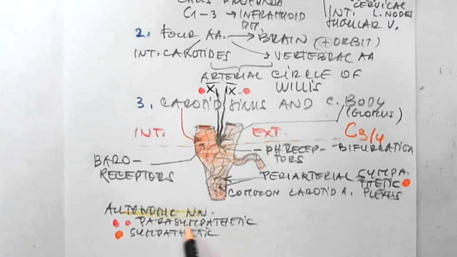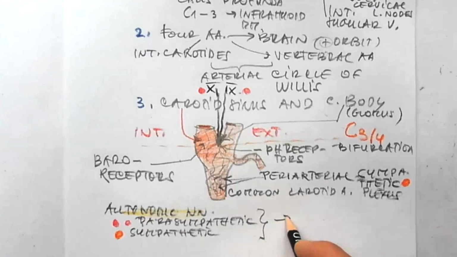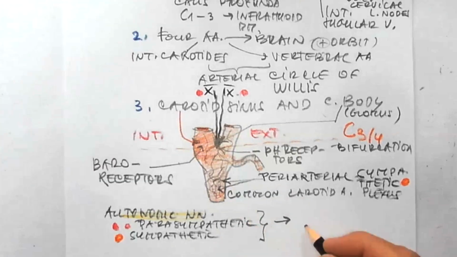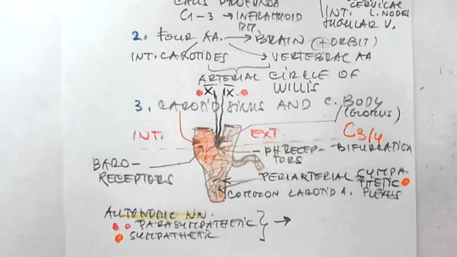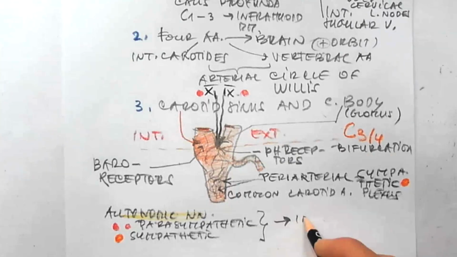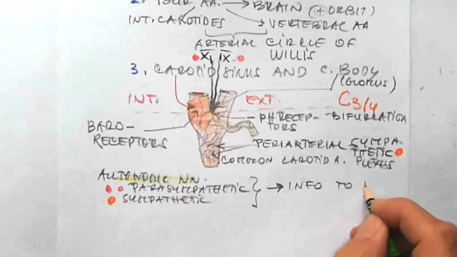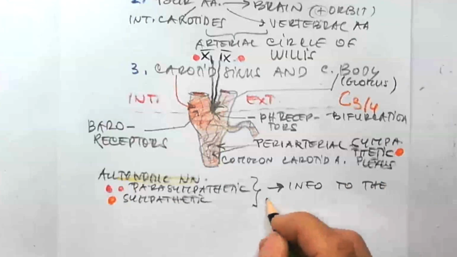And these autonomic nerves send the information concerning blood pressure and pH of the blood to the medulla oblongata.